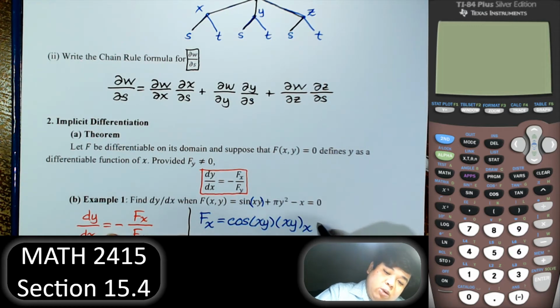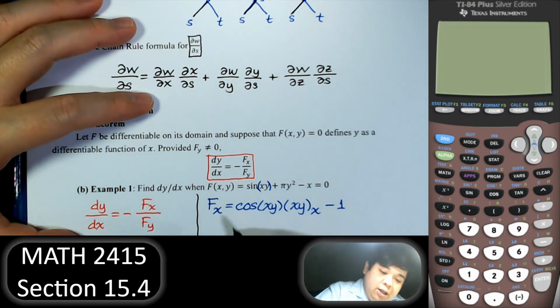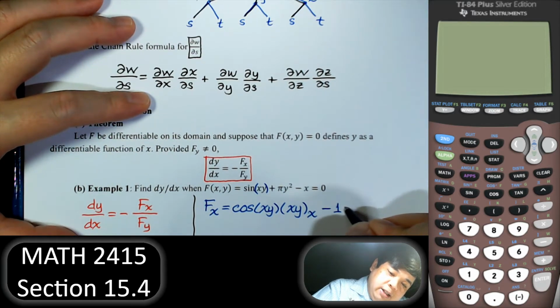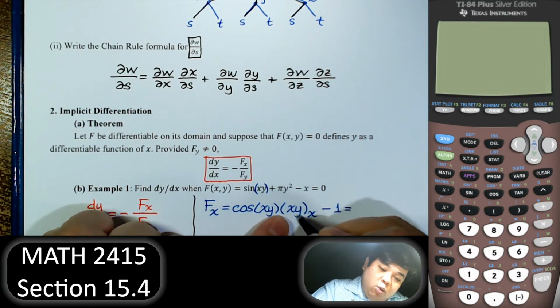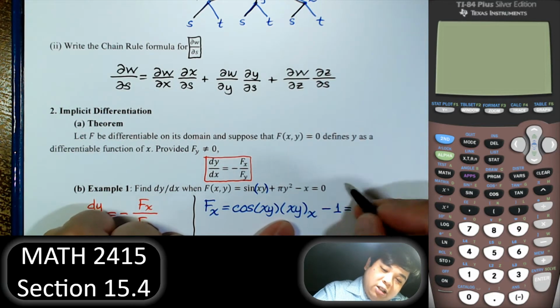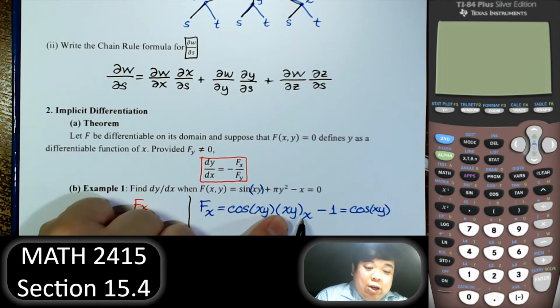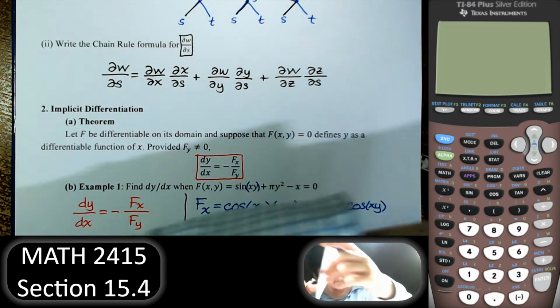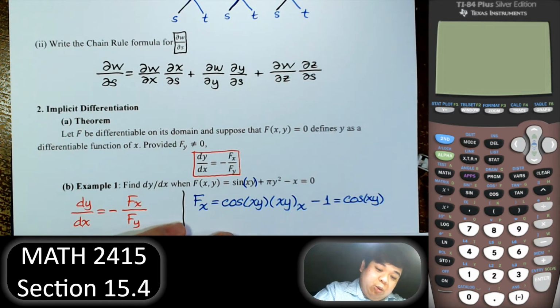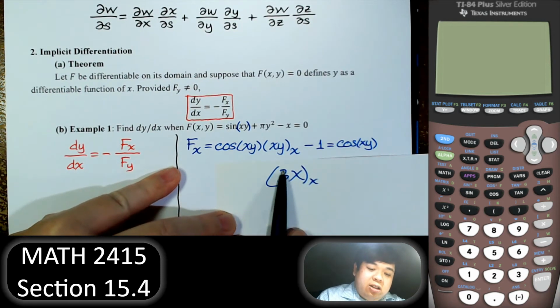The derivative of negative x with respect to x is negative 1. So we have cosine of xy, times the derivative of xy with respect to x. What is that? With respect to x, y is a constant. So we just have a constant times x. It's just like the derivative of 3x with respect to x. Y here is just like a constant.